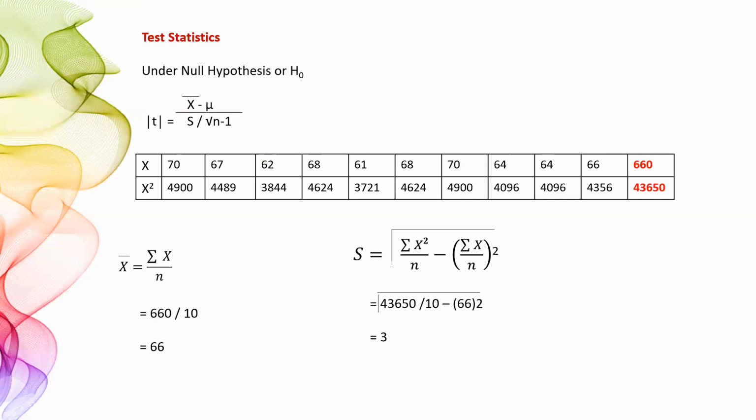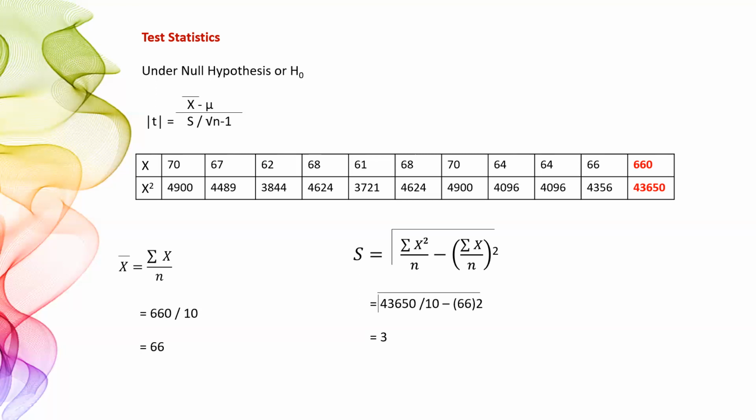Then we have to find the summation x square value, which totals 43,650. Then we find the x bar value. The x bar formula is summation x by n. So summation x we found as 660, divided by 10. Thus we get the answer as 66.